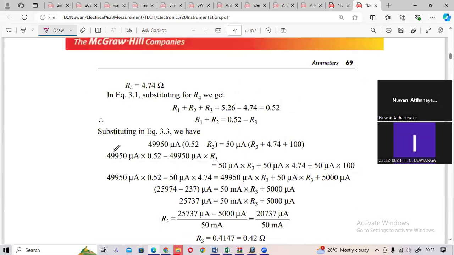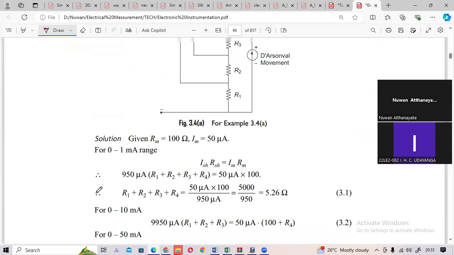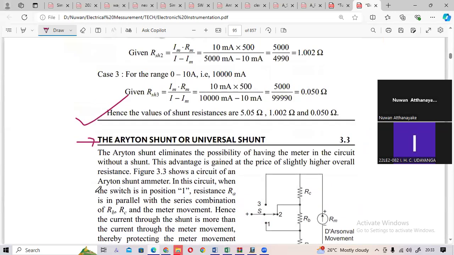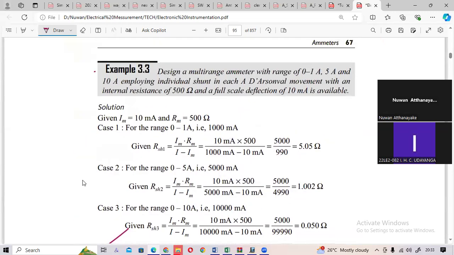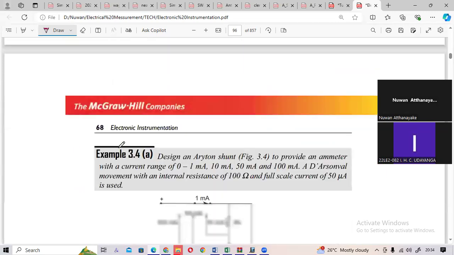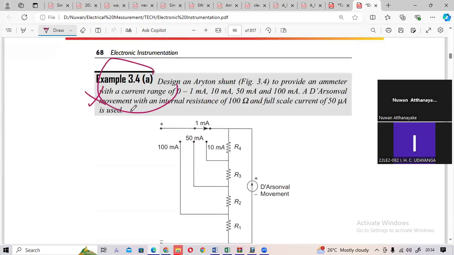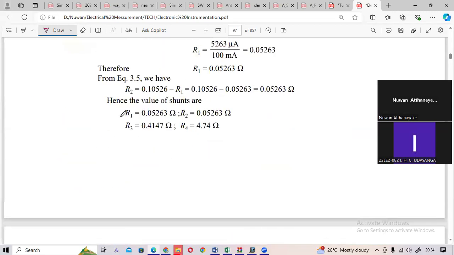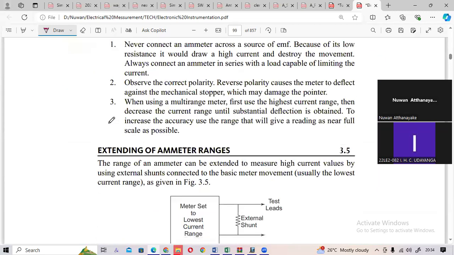You need to understand up to the multi-range ammeter level using the D'Arsonval setup. So just try to do only this example up to 3.3, up to this one. You no need to do this one. Don't do this one. Then this no need.